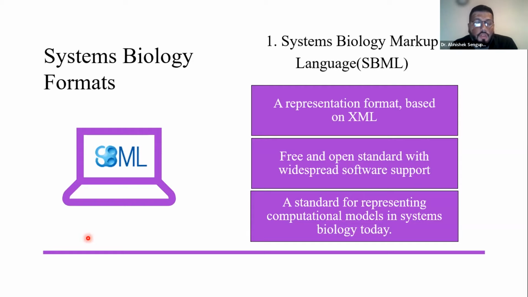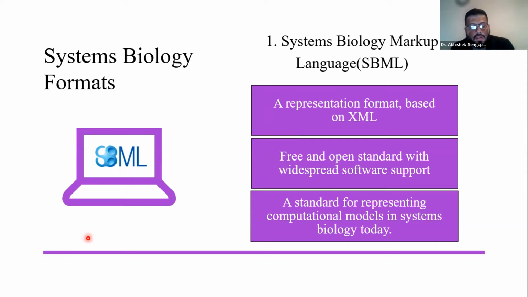Systems biology has various formats. One of the very widely used formats is SBML, the Systems Biology Markup Language. It's an XML-based format, extensible markup language based, and a representation format for communicating and storing computational models of biological processes. Even networks can be represented in SBML format.